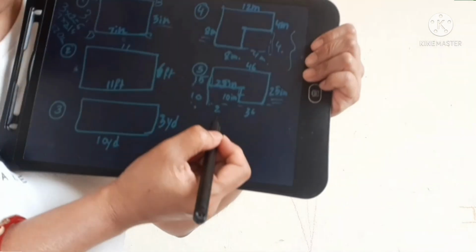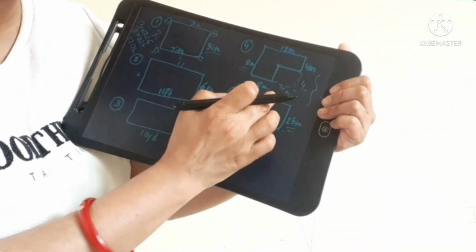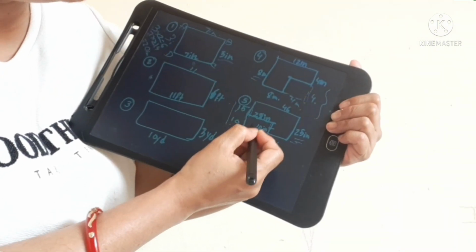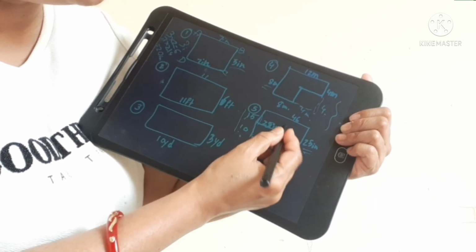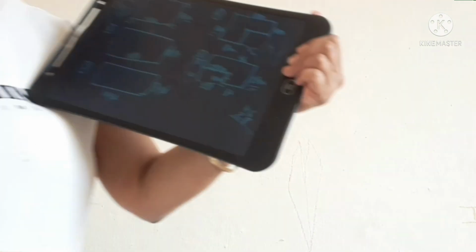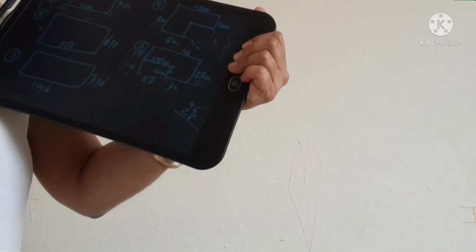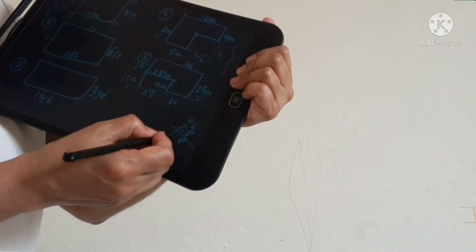So this should be 25, this should be 25 and this is 46, and this is 28. So 46 minus 28, what will be the answer? 18, right?